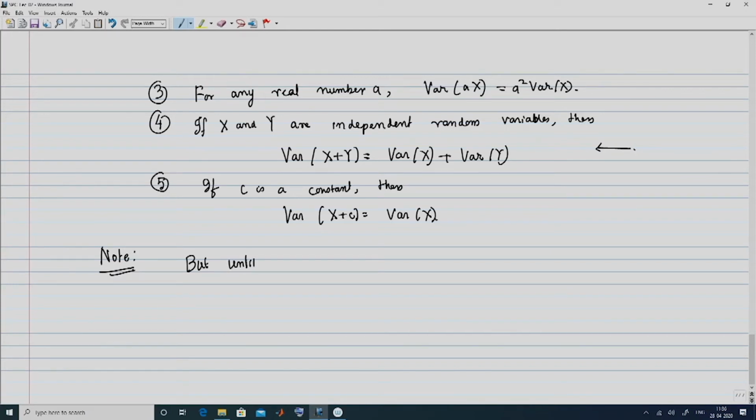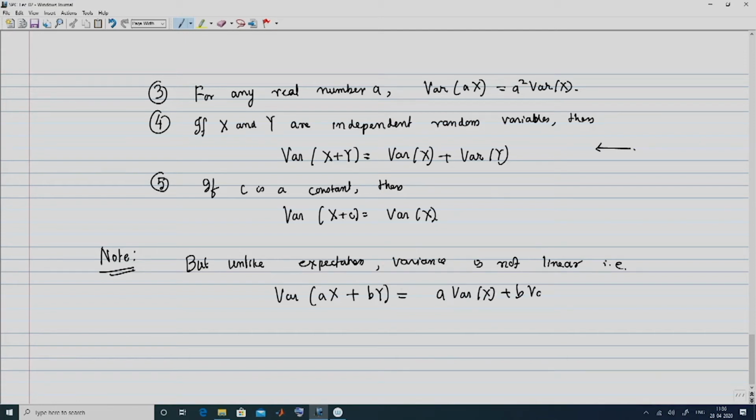So, unlike expectation, variance is not linear. That means that if it was linear, it would have satisfied the property that variance of Ax plus By is equal to A of variance of x plus B of variance of y, but this is not necessarily the case, as we will see later on for the expression of a linear combination of random variables.